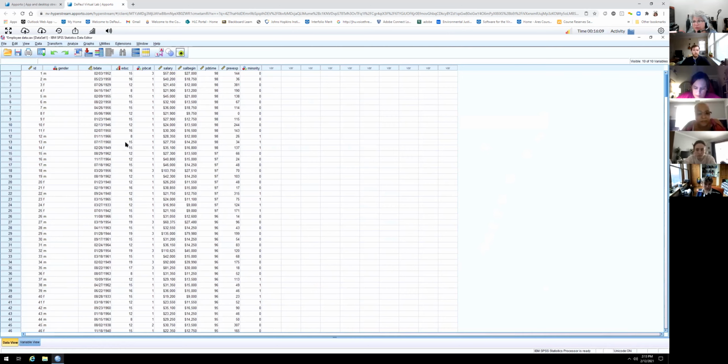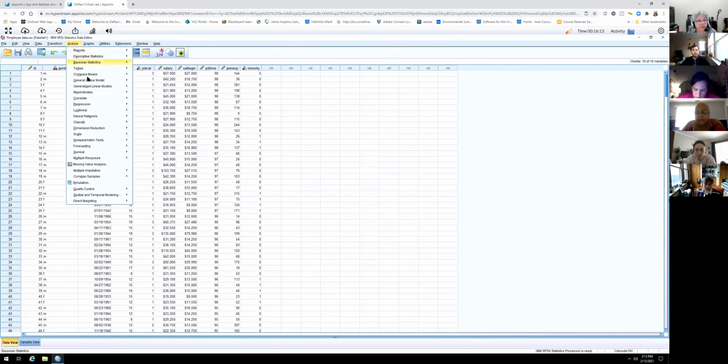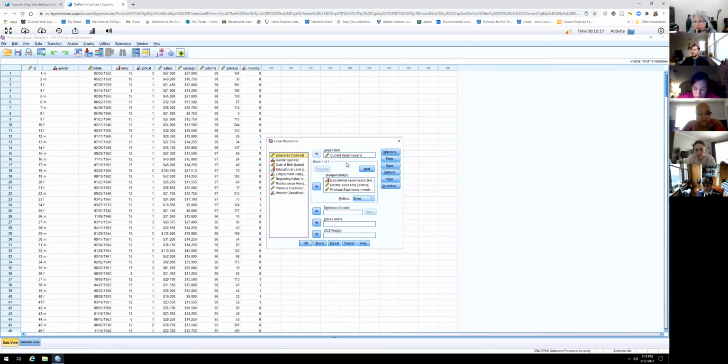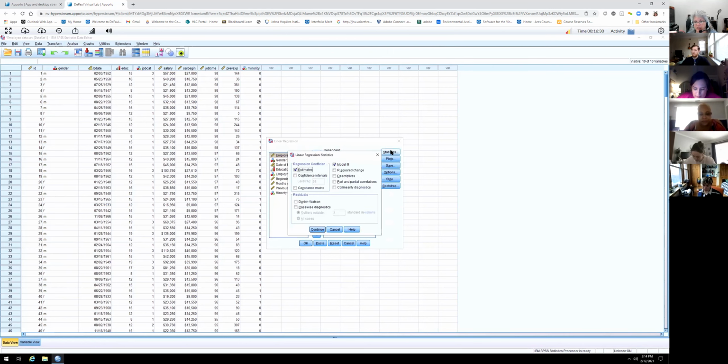It's pretty easy, isn't it? Again, you analyze, down to regression, over to linear, put in your variables, and don't forget to put in your control at the bottom. All three independent variables go into the independent box as well as the control. Go to Statistics, make sure you hit estimates and model fit.